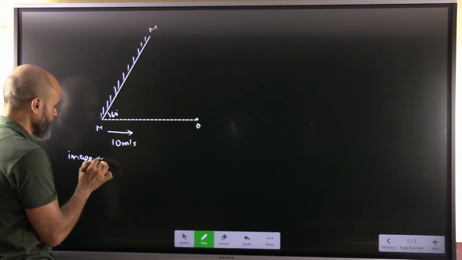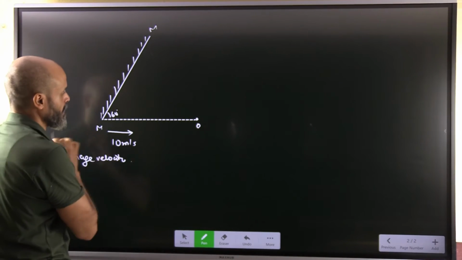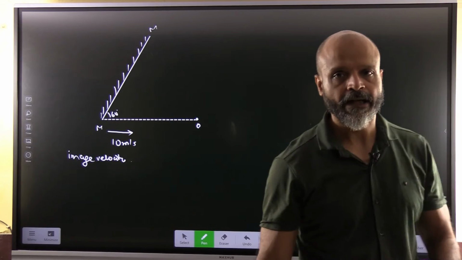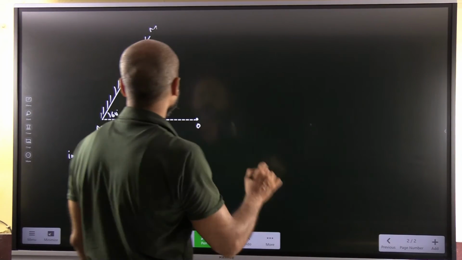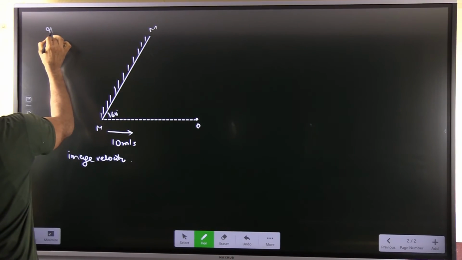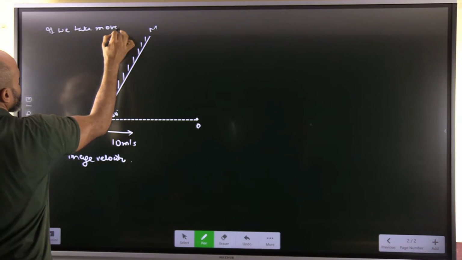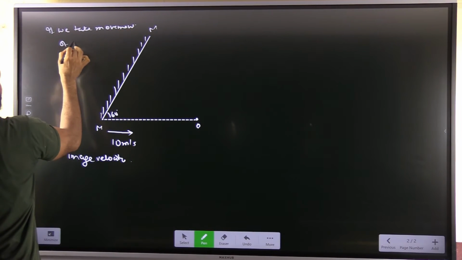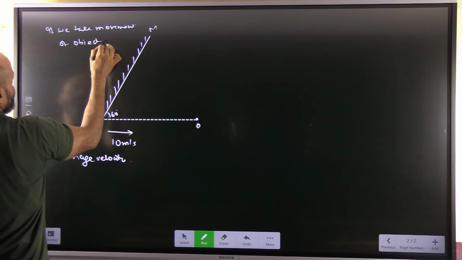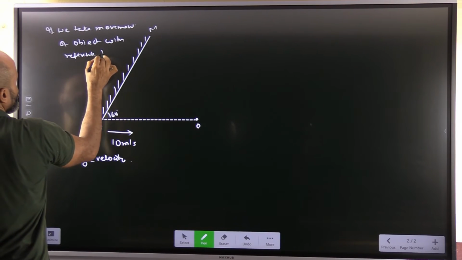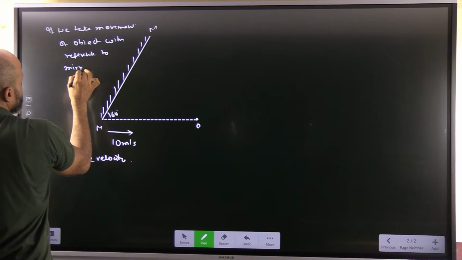What will be the image velocity? Now in order to calculate this, we have to make an initial assumption. We take the movement of the object with reference to the mirror. Understand this, people.